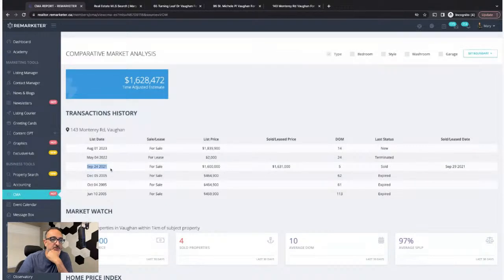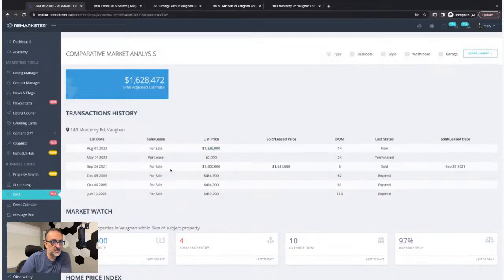So 2 years ago, it was purchased at $1.63 million. Right. So after 5 days on the market, it was sold. So it was listed at 1.6 and it sold for over asking price. Now the property is on the market for 1.8399. Okay. Now, let me explain to you what this time adjusted estimate is.